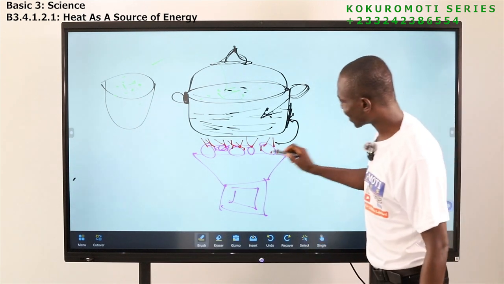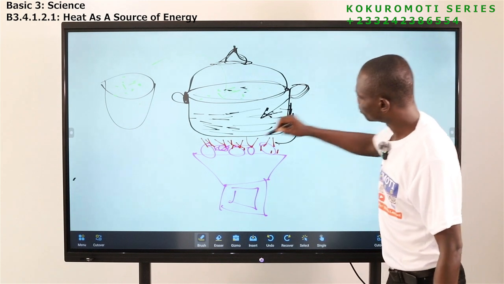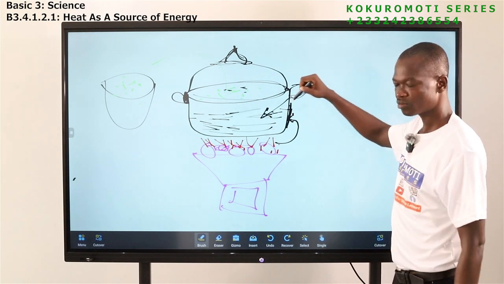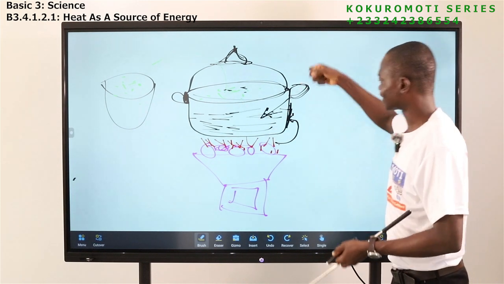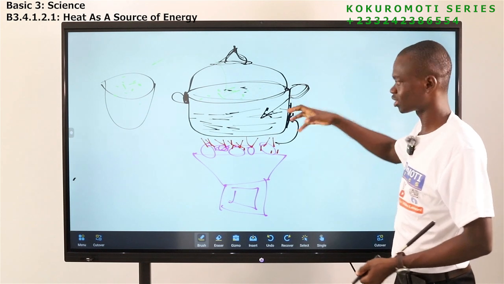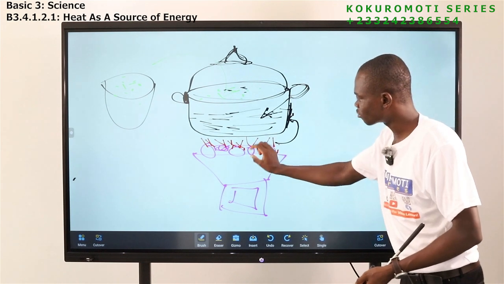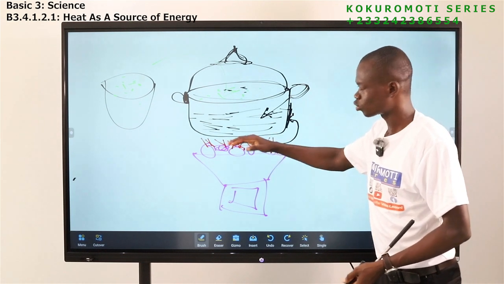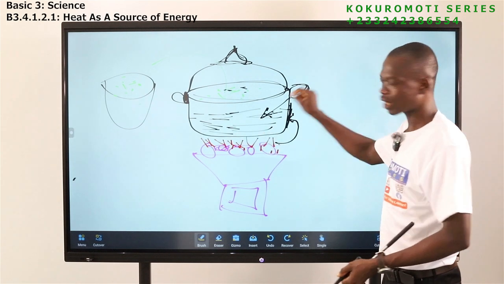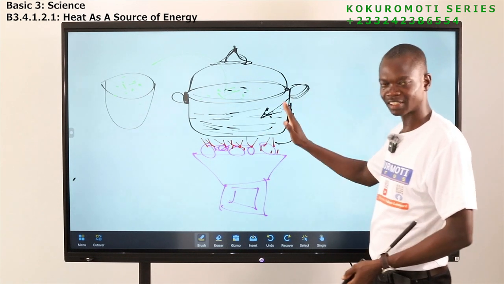For example, this side is very hot. When you put the utensil on it, at the beginning you can hold the utensil, but because it is hot, heat will transfer from where there is hotness to where there is no hotness, the place that is very cool.